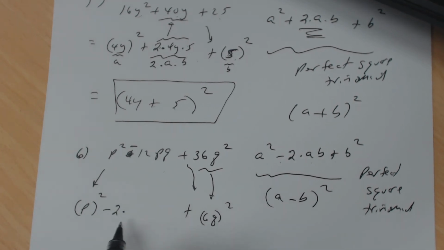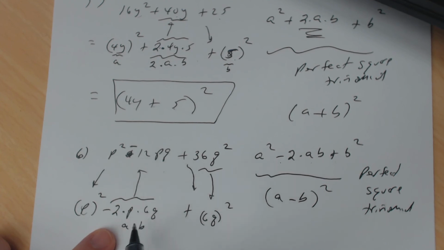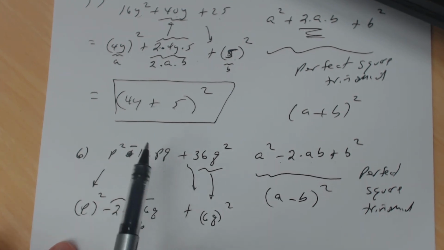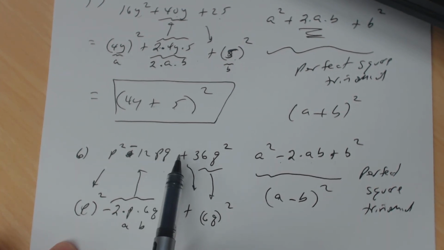Minus 2 times a is p. That's a, so a is p, and b is 6q. And I need to check and see if this right here is going to give me that. All right, so negative 2 times 6 is negative 12. P times q is pq. So this right here can be written in this form. So this is a perfect square trinomial.